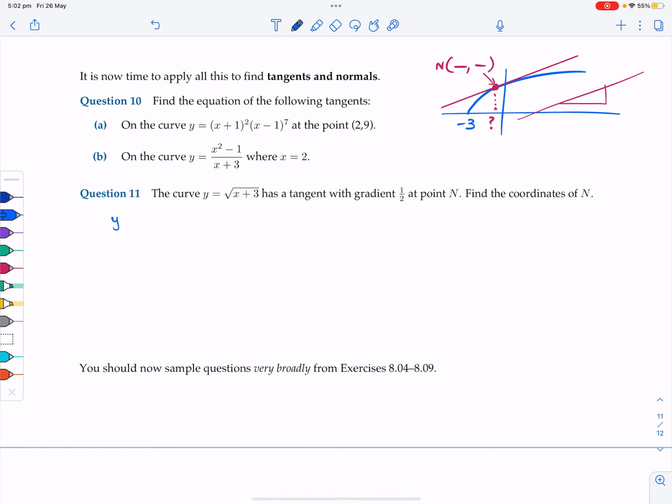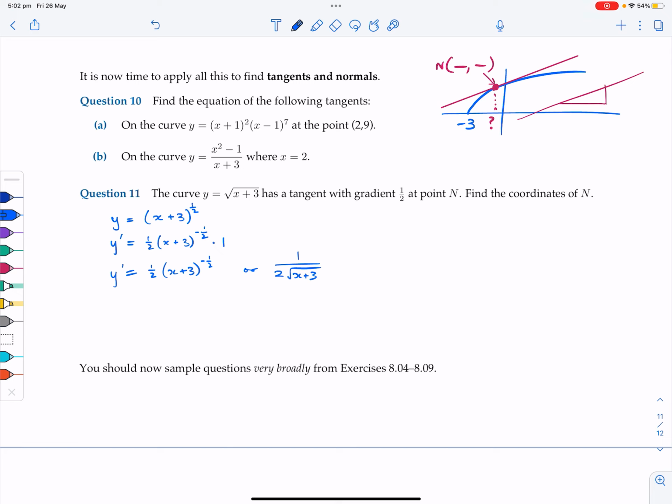So we have y equals square root of x plus 3, which is (x plus 3) to the half. We'll take the derivative. y dash is half of (x plus 3) to the negative half times 1. So y dash is half (x plus 3) to the negative half, or 1 over 2 root (x plus 3), whichever way we'd like it.